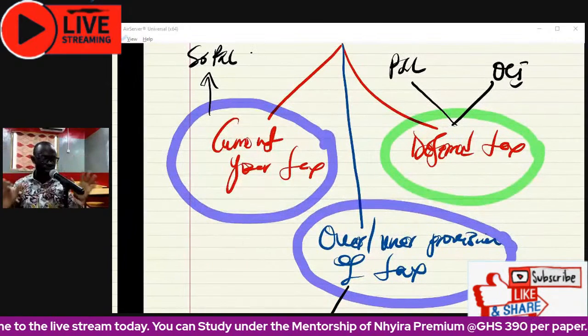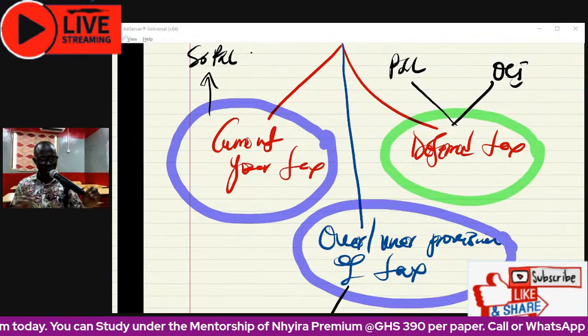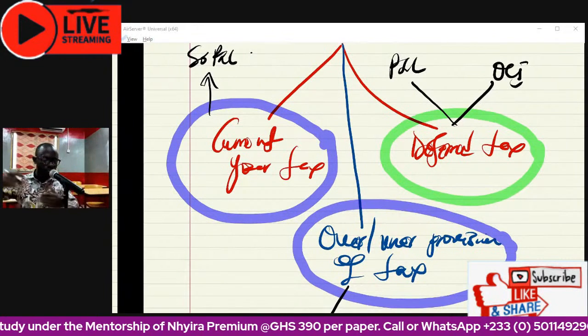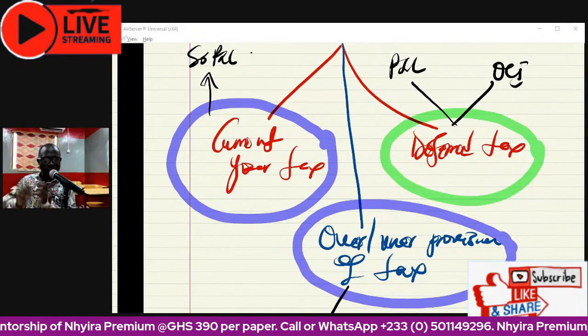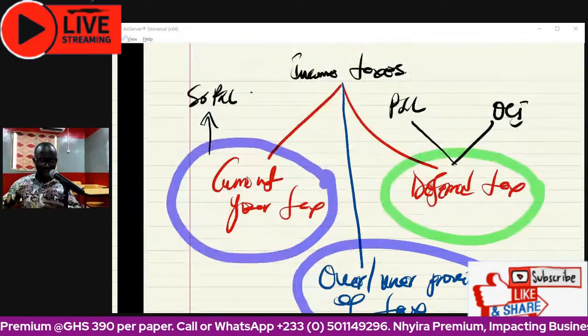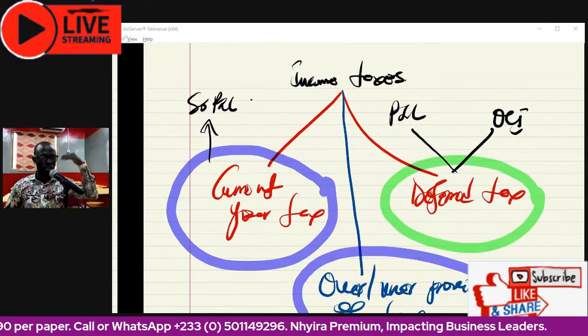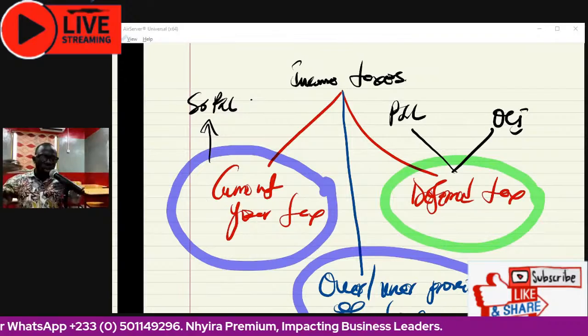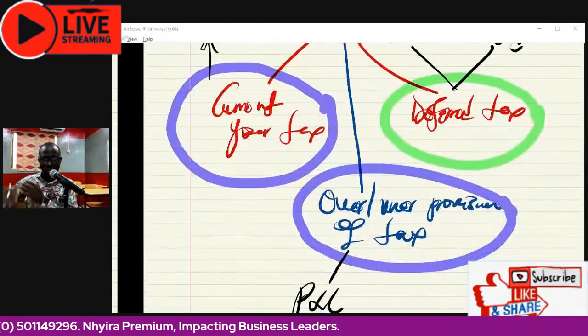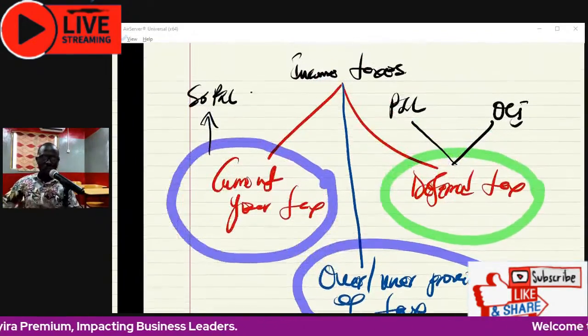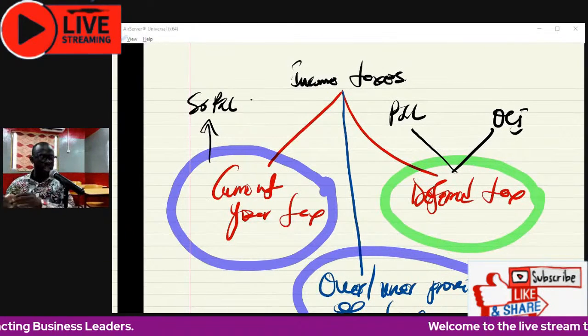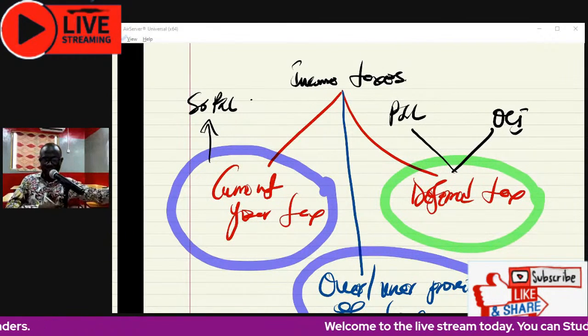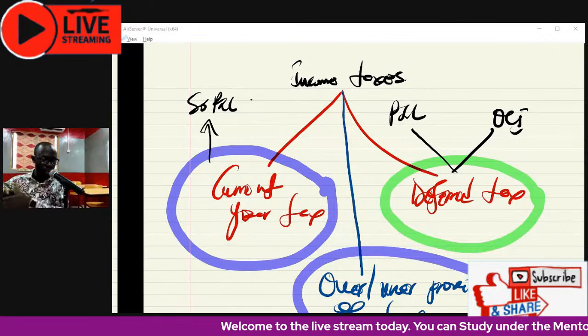So when it comes to income taxes, there are three things we must know about: current year tax, deferred tax, and over and under provision of tax. Now, current year tax always goes to the profit or loss. Over and under provision of taxes always goes to the profit or loss, but deferred taxes can either go to the P&L accounts or the OCI.